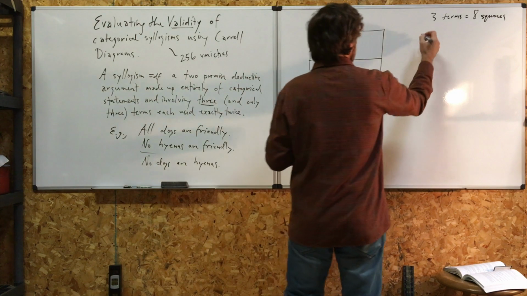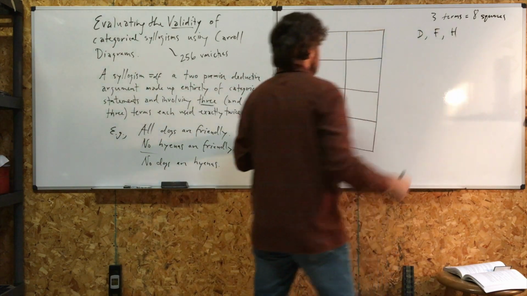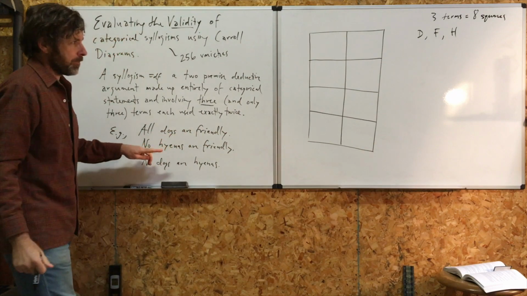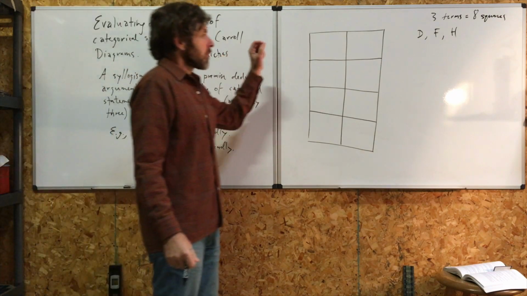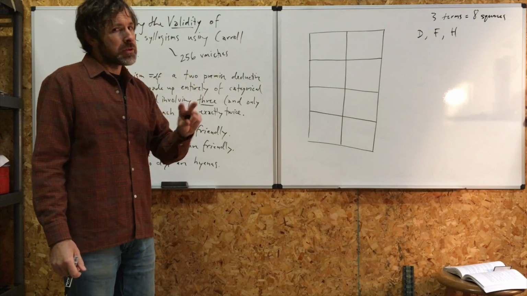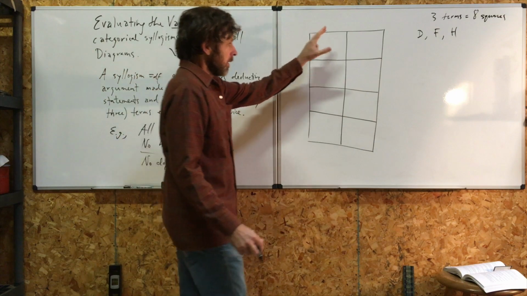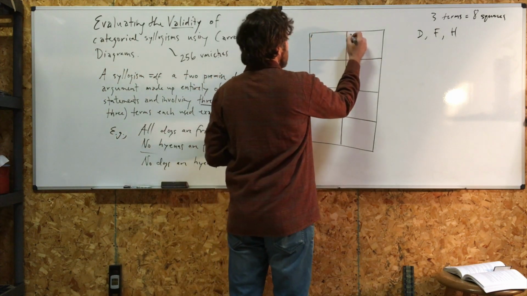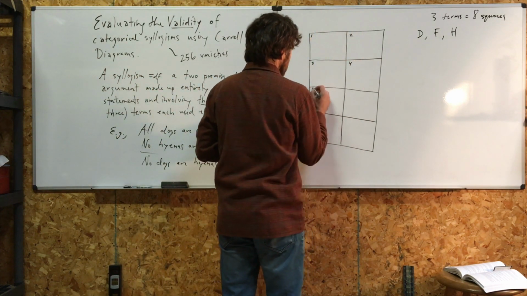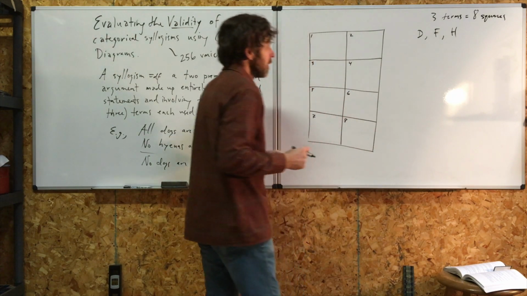And the terms will be, let's say, D, F, and H. And we'll do it in that order. Now, each term is going to be represented by not 2 squares this time, but 4 squares. So first of all, let me number the squares. 1, 2, 3, 4, 5, 6, 7, 8.